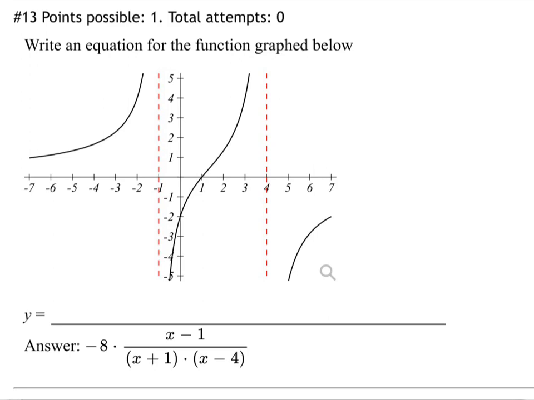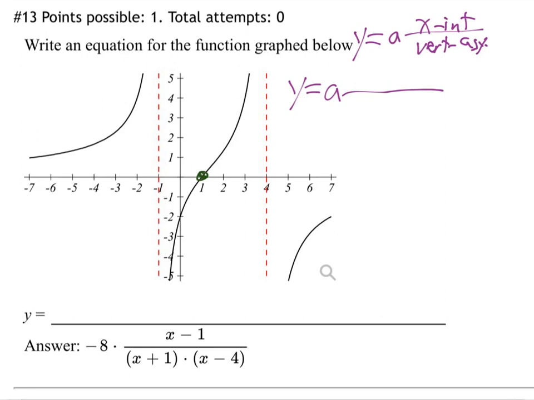Number 13. So same kind of thing on number 13 here. So y equals a. X-intercepts on the top, vertical asymptotes on the bottom. X-intercepts, what do we got for x-intercepts? Boom, right there.